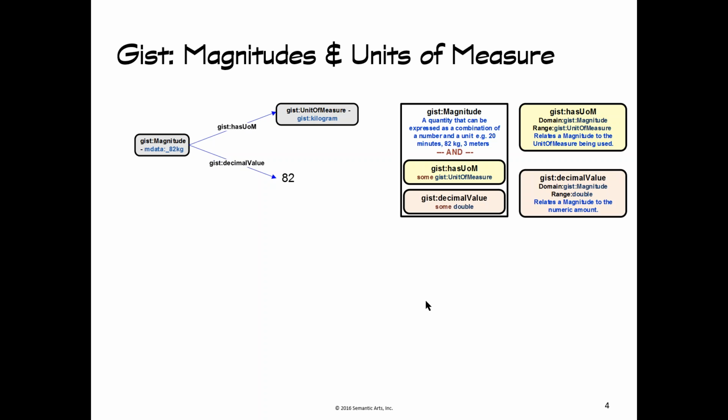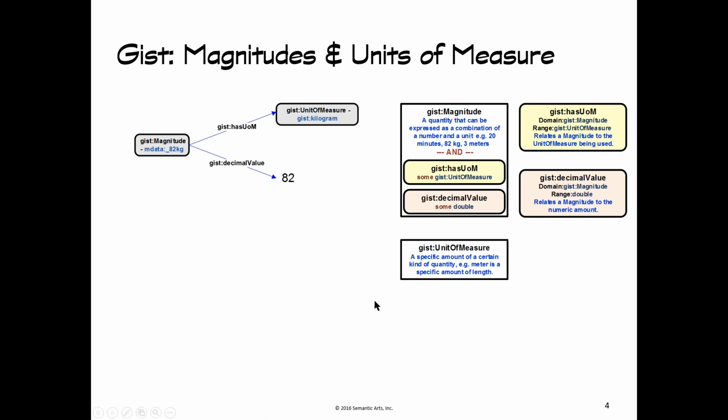Okay, so how does this get represented in the ontology? There's a magnitude, which is again just the examples of 3 meters. It's a number and some unit, right? So it has the unit of measure and it has the decimal value. And the unit of measure is a property that just connects a magnitude to whatever the unit of measure is. And similarly, the decimal value connects the magnitude to the number.